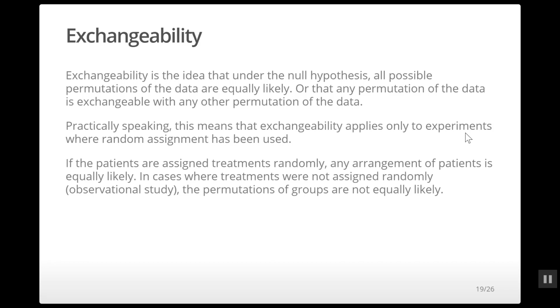So if we use random assignment in the assignment of treatments, then it's feasible to say that if we had 50 people line up, and for every person we flipped a coin and said, if it's heads, you're in group A, and if it's tails, you're in group B, then we can imagine that if we flipped another series of coins, we could have gotten some other split of the groups, and every single possible split or rearrangement of those treatments is equally likely.